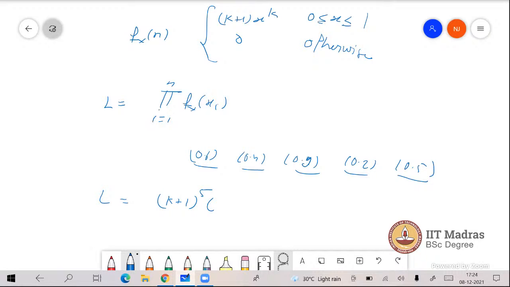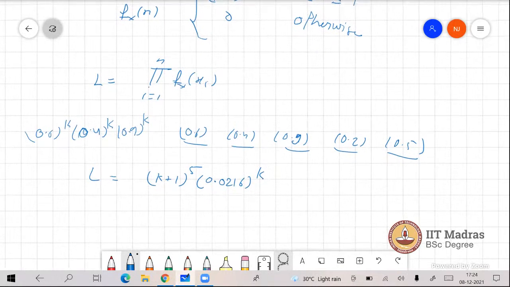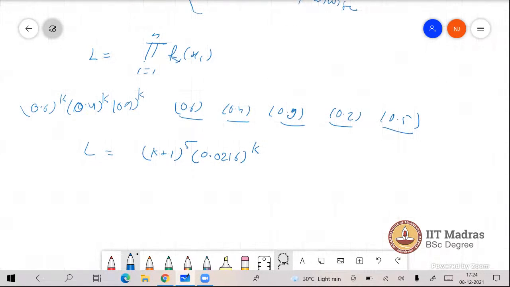So the product of all these, 0.6 raised to power k, 0.4 raised to power k, it's 0.0216 to the power k, right? Okay, so this is your likelihood function. Now what will you do next? You will take the logarithm. So it's going to be 5 ln (k plus 1) plus k ln of that product.